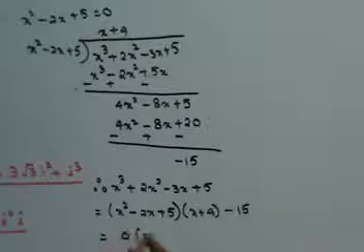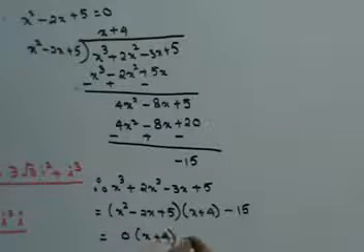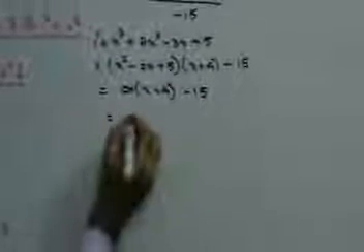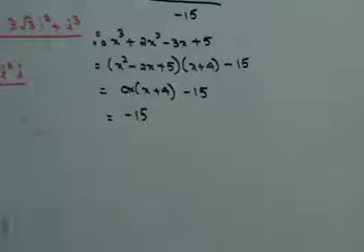So this is 0 into (x plus 4) minus 15. Anything multiplied by 0 is 0, answer is minus 15. Right? Let's see another sum, guys.